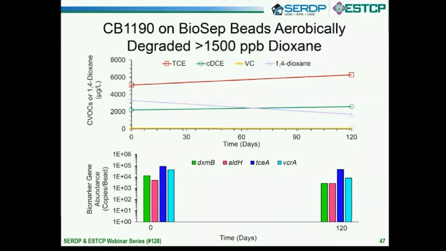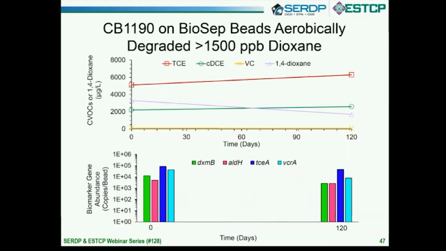What the data show is over 120 days, 4 months or so, remember, CB1190 can survive 100 days or more of anaerobic incubation. Dioxane, which is indicated in these light pink lilac triangles here, started around 3,000 some micrograms per liter.